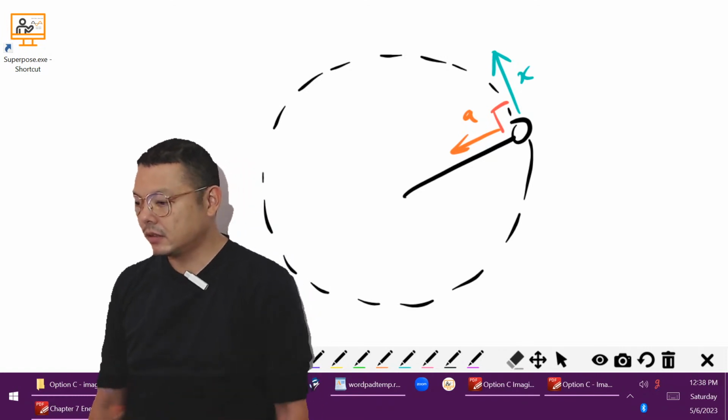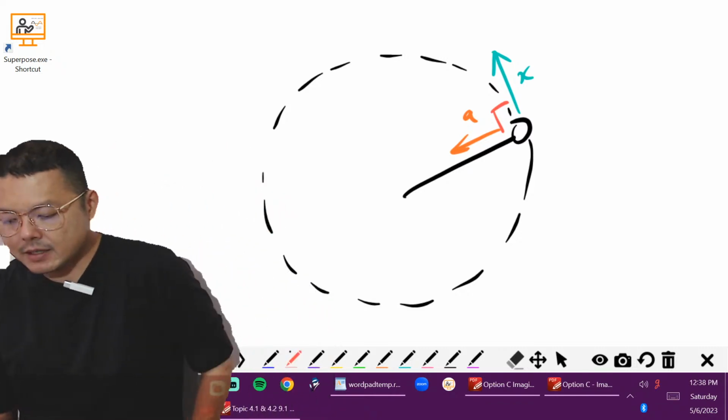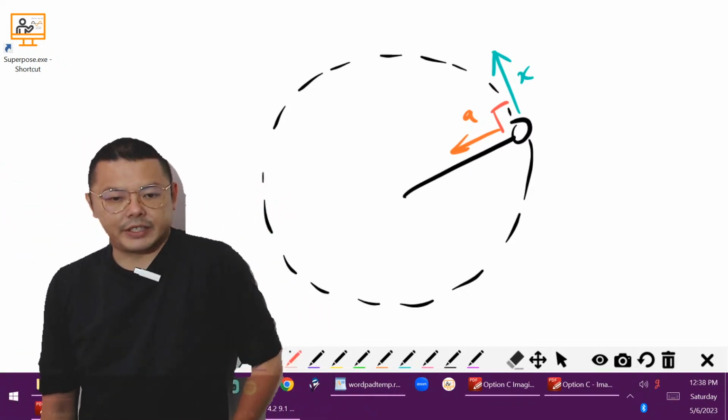That's it. Write this down somewhere. Displacement is perpendicular to the acceleration, not opposite.